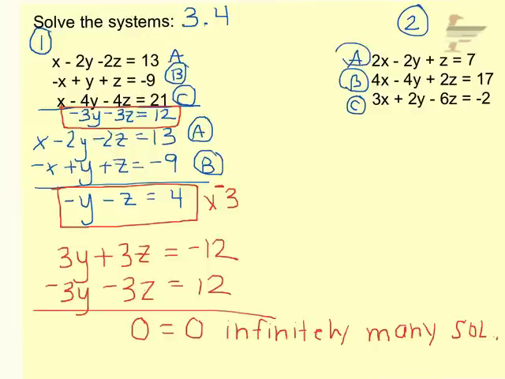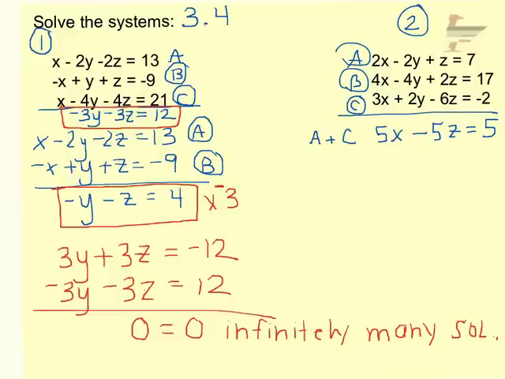I would say probably the y looks to be the easiest, so I'm going to put together A and C for obvious reasons. I'm going to add A plus C, but I'm not going to rewrite those so I don't waste your time. Adding A plus C, I get 5x, the y's cancel out, I get minus 5z, and 7 minus 2 is 5.